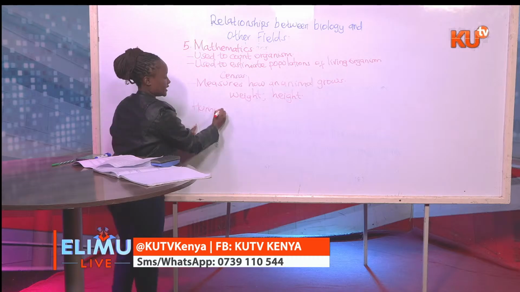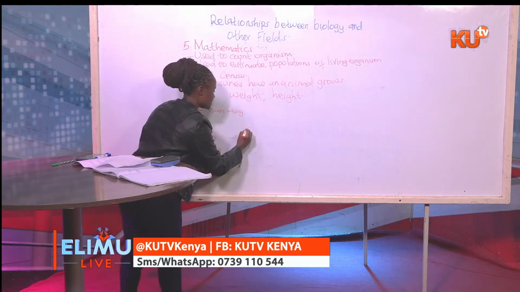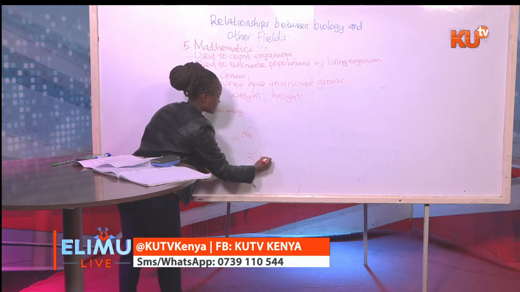In human beings, we have a baby weighing 10 kgs. Then we have a teenager weighing around 20 or 30 kgs. And then we have an adult weighing maybe 50 kgs, or let's put 60 kgs.